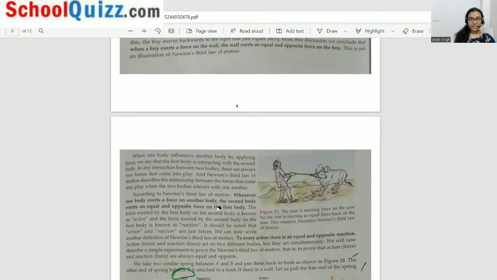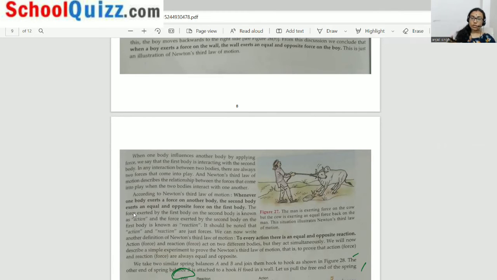So now, according to Newton's law, whenever one body exerts a force on another body, the second body exerts an equal and opposite force on the first body. It means it's compulsory.